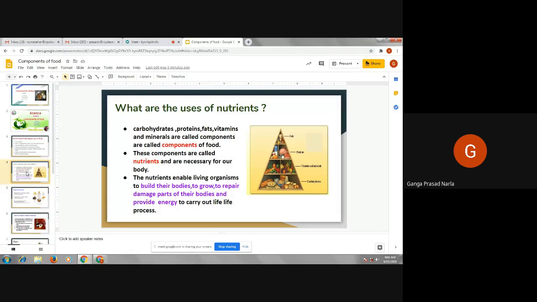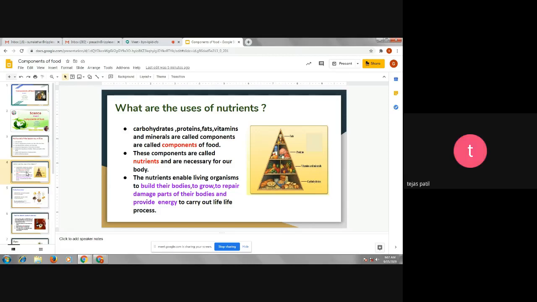These are the important nutrients. These are the components which food contains. So these are called components of food.